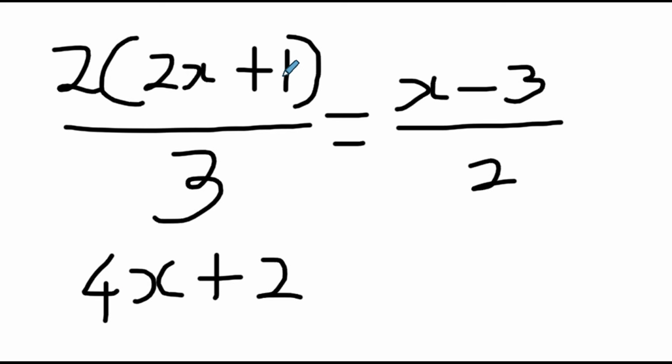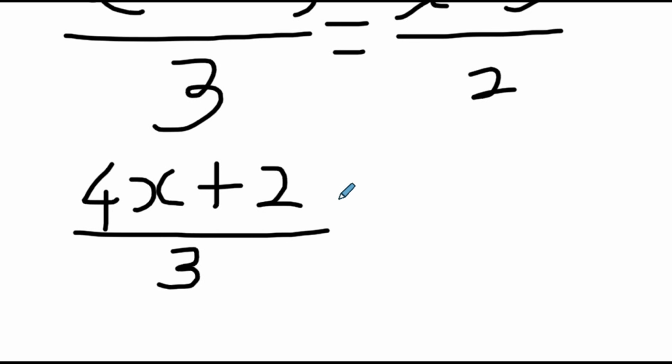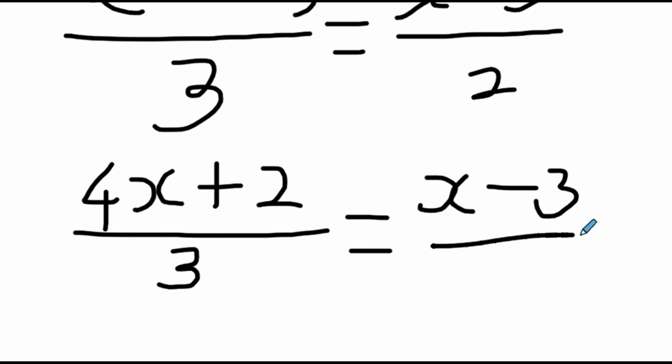2 times 1 is what? 2, over 3, equals x minus 3 over 2.